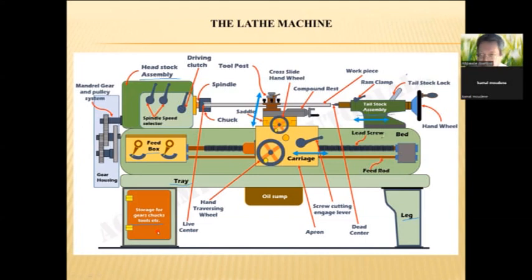On the tray we have a mandrel, gear and pulley system, and support. And we have the support hand traveling wheel.